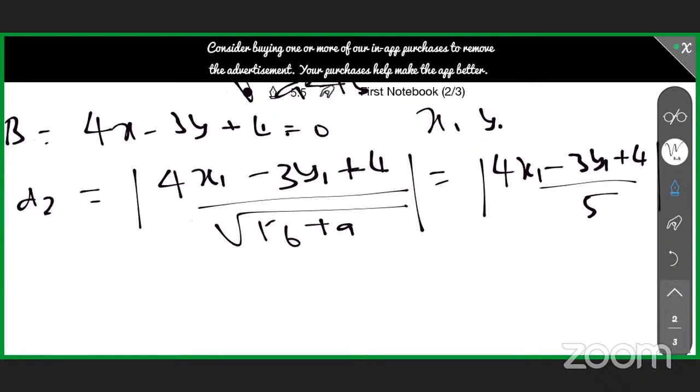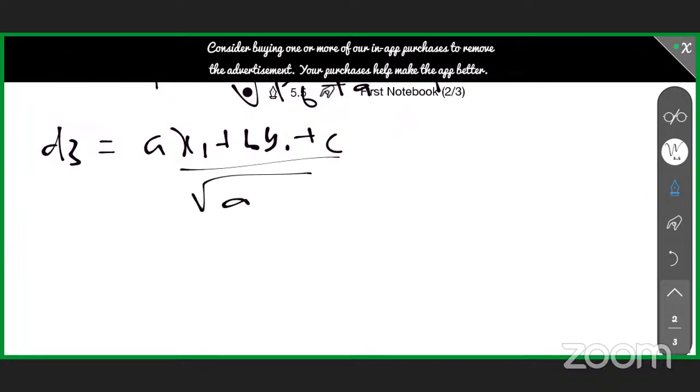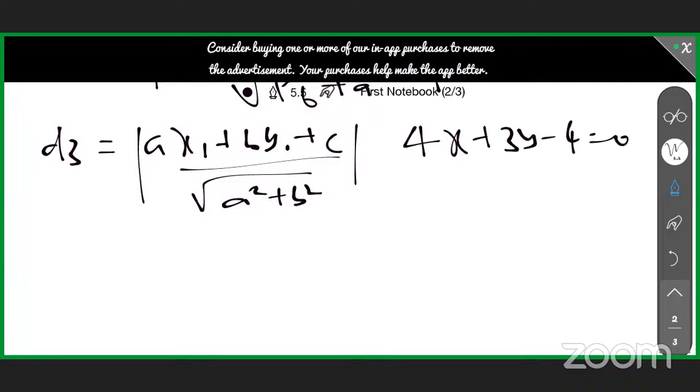Similarly for D3, the equation is 4x plus 3y minus 4 equal to 0.